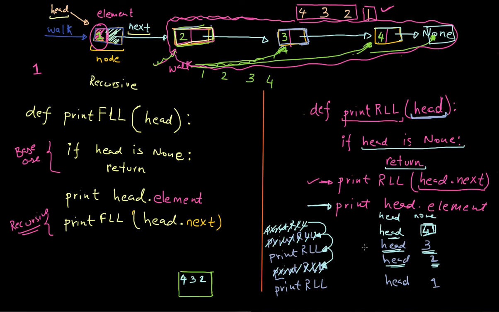And finally, this comes back to the very first PrintRLL, at which point head is pointing at the node which contains the element 1, and 1 gets printed. Okay, so this is the implementation to print out every single element of my linked list in reverse order.